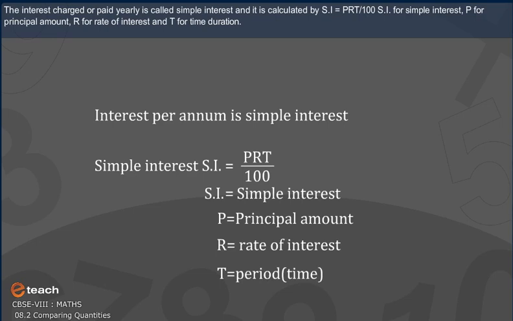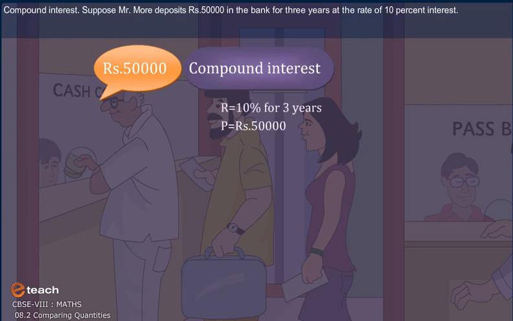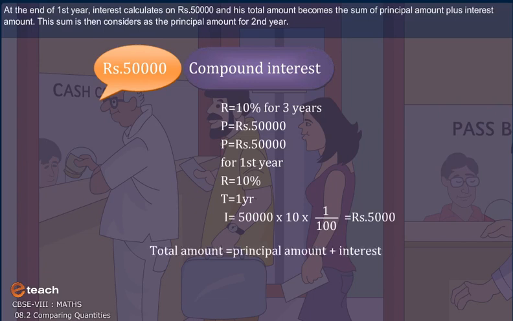Compound interest. Suppose Mr. More deposits rupees 50,000 in the bank for 3 years at the rate of 10% interest. At the end of first year, interest is calculated on rupees 50,000 and his total amount becomes the sum of principal amount plus interest amount.